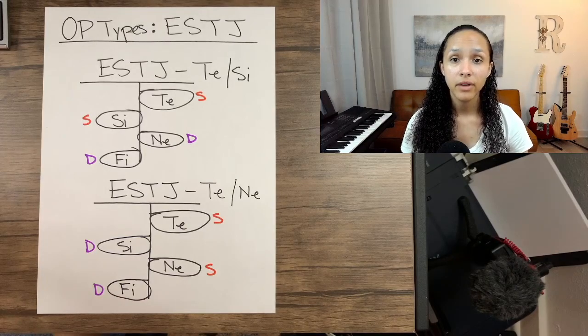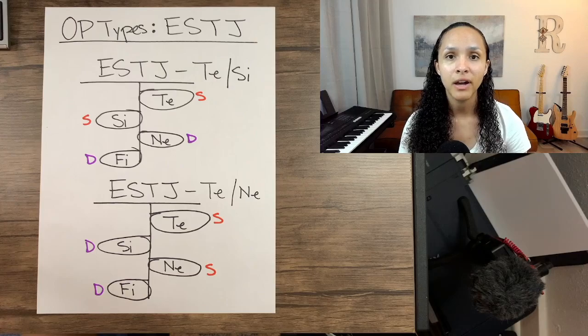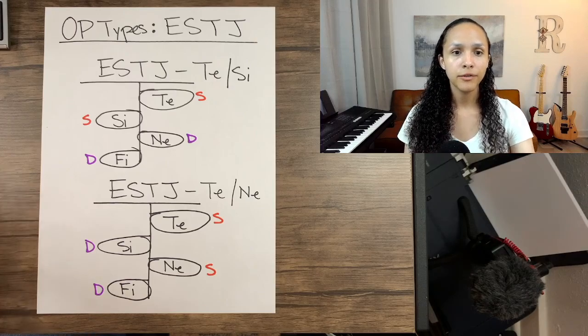So the thing they have in common is the demon function of FI. And I want to share a few examples of what that can look like. I mentioned it before, but something that they struggle with is being in touch with their own personal values, knowing what they like and dislike, knowing what really matters to them.